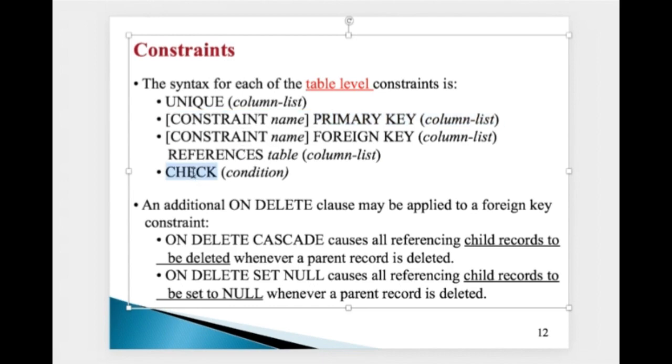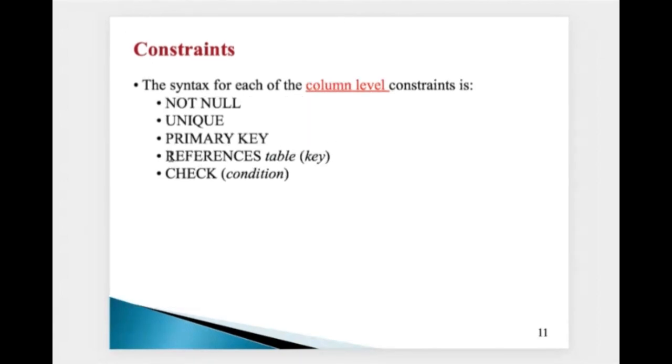Check can be mentioned at column level as well as table level. Only the foreign key is the one which is mentioned at table level, not at column level. At column level, if you want to mention it, you mention it with references. It's not foreign key, it's references.